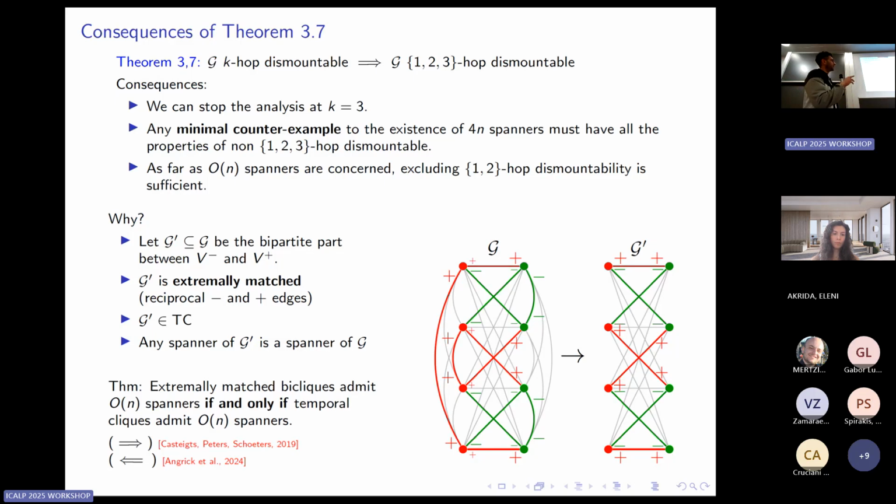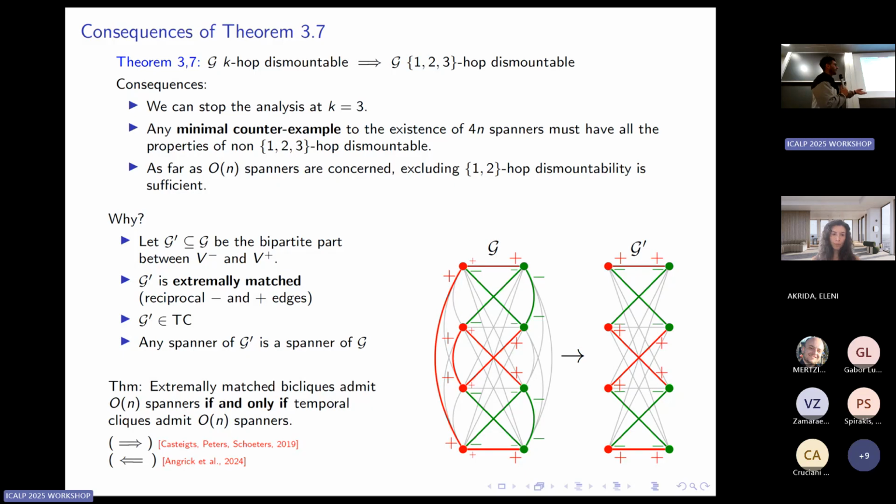That is, there are two perfect matchings. One is formed by reciprocal minimum edges, and the other one is formed by reciprocal maximum edges.